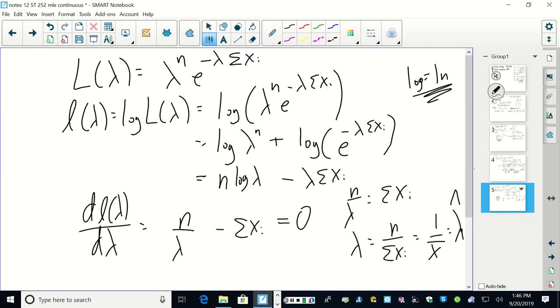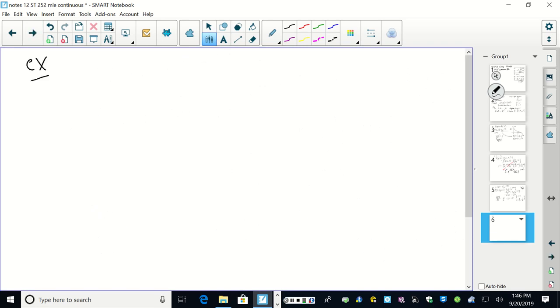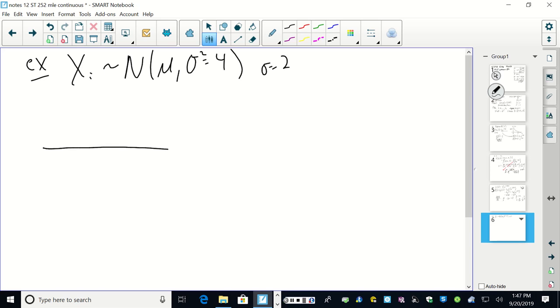So today we're looking at a couple more examples. Let's say that the xi's are distributed as a normal random variable with some mean mu and some variance equal to 4, so that sigma, the standard deviation, is 2. That would say that the data we have is centered somewhere here at some mu.